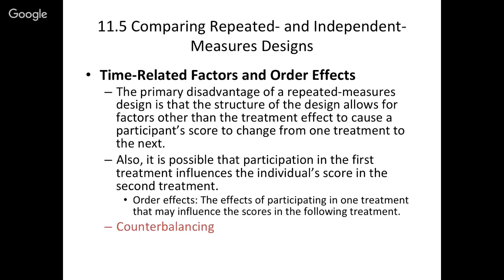So we have an important way, right, to control this order effect. We call it counterbalance. For example, we ask half of the participants to finish treatment B before treatment 1, and ask the other half of the subjects to finish treatment 1 before treatment B. And then we counterbalance the order effect.